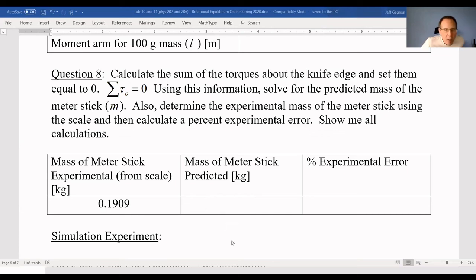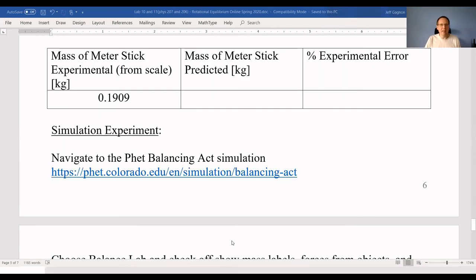Then the last part of the lab is going to deal with a simulation again. This is that same group, the PhET physics simulation group. You want to go to the simulation. It's the Balancing Act simulation.